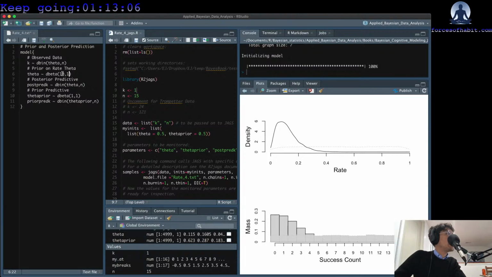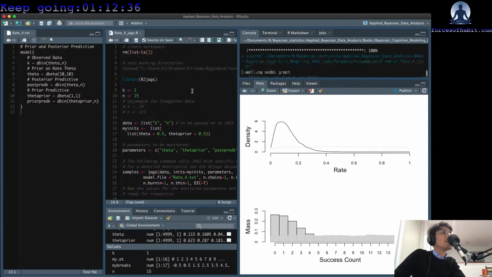So what if we did 10 and 10? This is interesting because now we've got a count of 10 successes, 10 failures. So that's 20 observations, which is more observations than we actually observed in the data. That might be problematic. I'm not sure if I understand the intuition why that's problematic, but let's see.